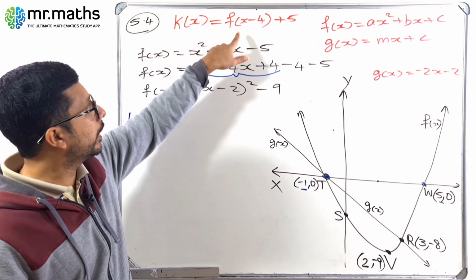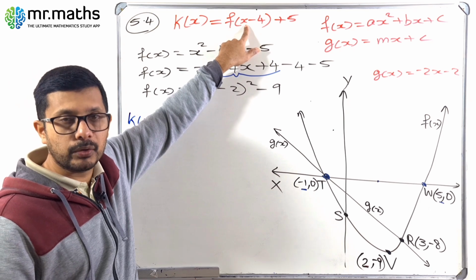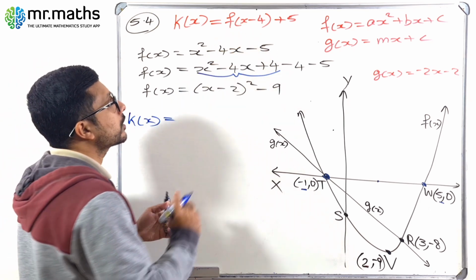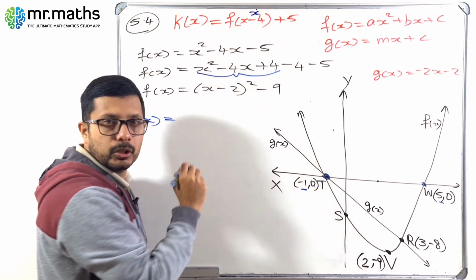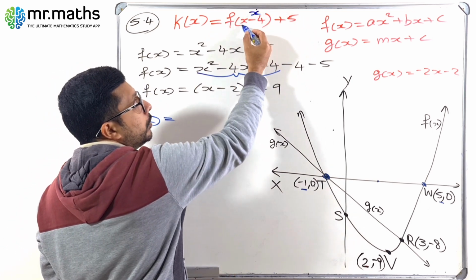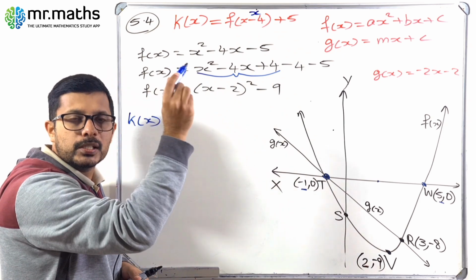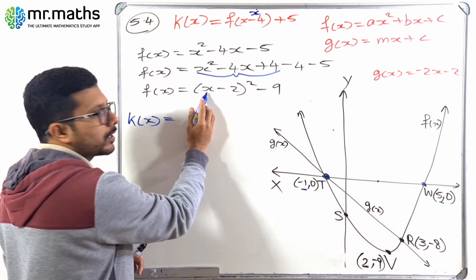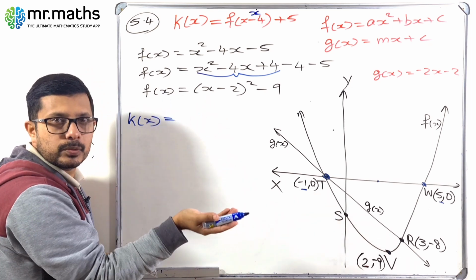Here they are saying that in the f of x graph, you have to change x. Normally we write f of x, but they converted that x into x minus 4. Wherever you see x, you have to write it as x minus 4.